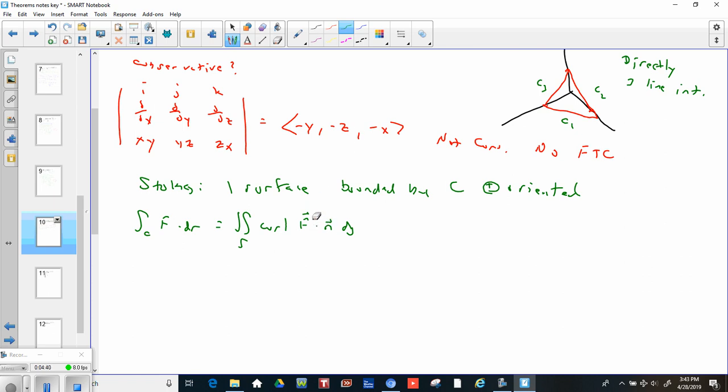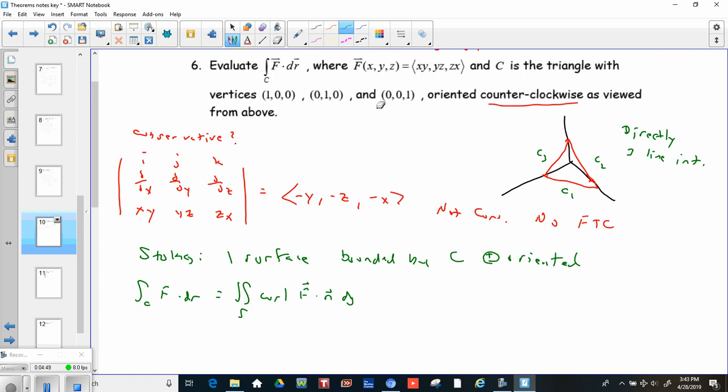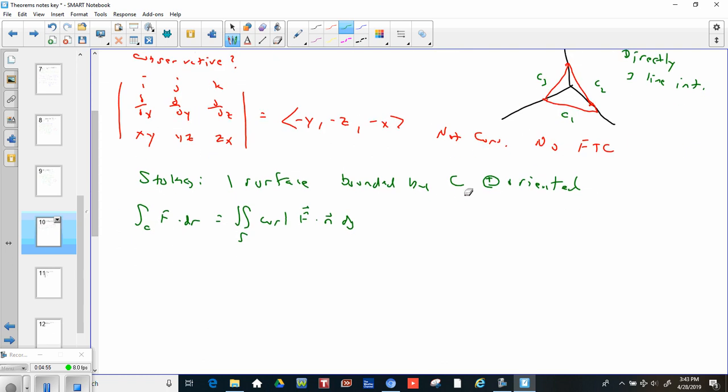So we need to go ahead and parameterize this thing, which means we need the equation of this plane. And I'm not going to spend a lot of time going through that, but what you should basically be able to see is if these are your intercepts, 1, 0, 0, 0, 1, 0, 0, 0, 1, your plane is going to have to have been the equation x plus y plus z equals 1.